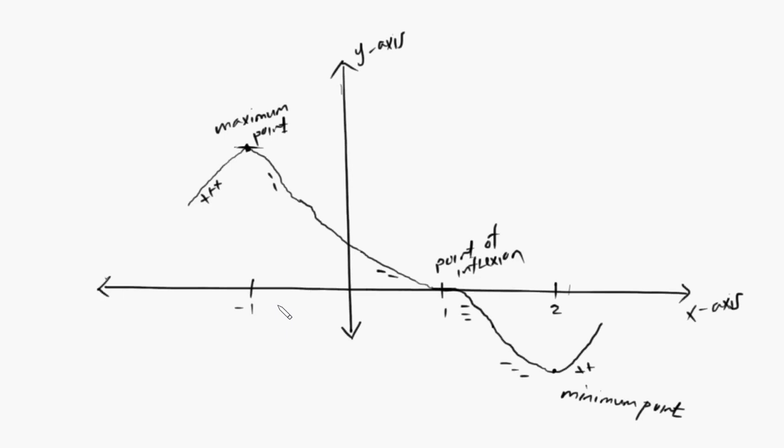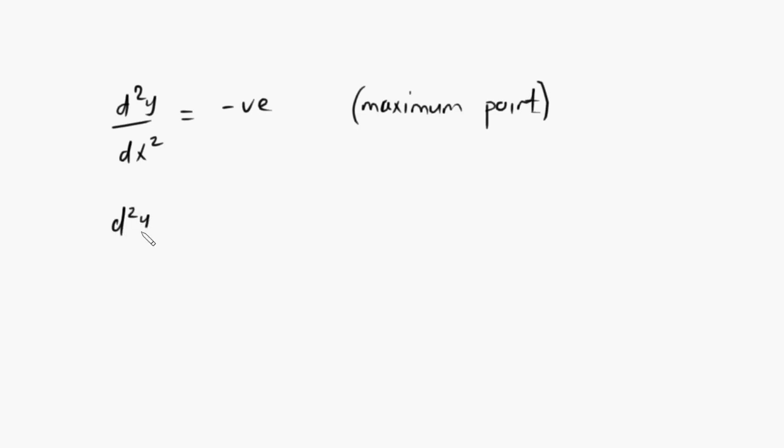Sasa ipo hivi, tulikubaliana kwamba ukitafuta second derivative, okay, ukapachika value ya turning point kwenye second derivative, jibu likija negative, basi ile value uliyopachika ni maximum point, okay? Ukitafuta second derivative, ukapachika ile turning point kwenye second derivative, jibu likaja positive, basi hiyo turning point ni minimum point.